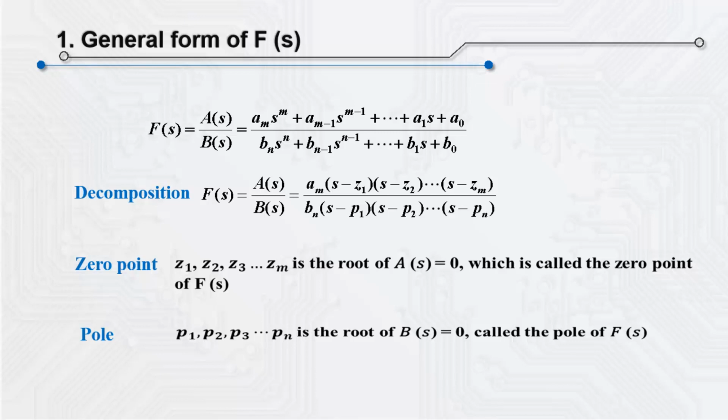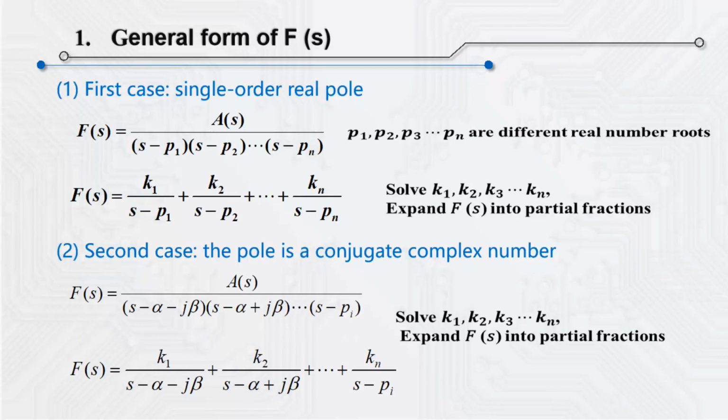Let's look at the three cases of roots. The first case is the poles being single-order real roots. In this condition, F(s) is decomposed into A(s) divided by (s minus p1) multiplied by (s minus p2) up to (s minus pm), where p1 is not equal to p2 and pm.